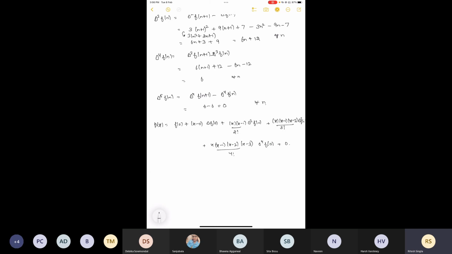So del m f of 0 will be 0 for all m greater than or equal to 5, right?